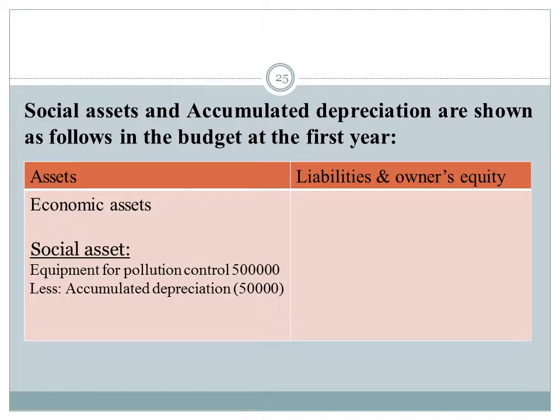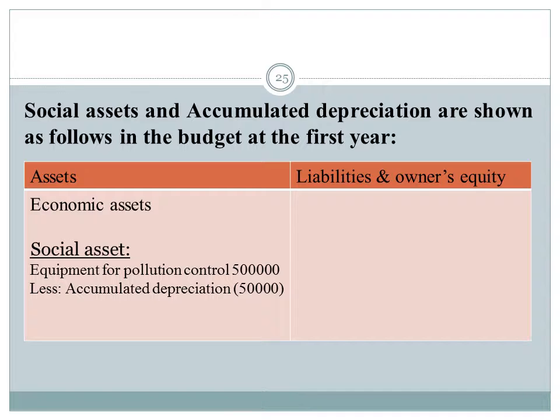So the depreciation expense in any year of useful life will be 50,000, but accumulated depreciation accumulates: first year 50,000, second year 100,000, third year 150,000, fourth year 200,000, and so on.